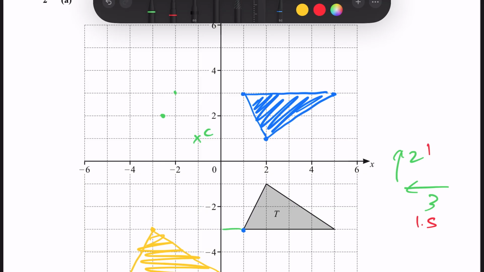As for our third point, if it's over here, the distance is equal to 1, 2, 3, 4, 5, 6 to the left, and 1, 2, 3, 4 up. So its image would be 6 divided by 2 to the left, which is 3 units to the left, and 4 divided by 2 up, which is 2 units up.